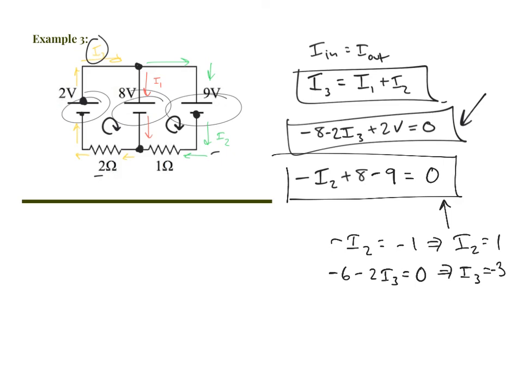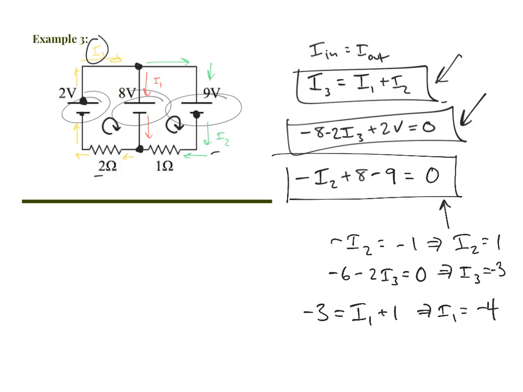And then we use this equation up top with our values for I2 and I3 to determine I1. I3, negative 3, equals I1, which we're looking for, plus I2, plus 1. Therefore, I1 equals negative 4, which means we got I1 backwards as well. It's just flipped from the opposite way.